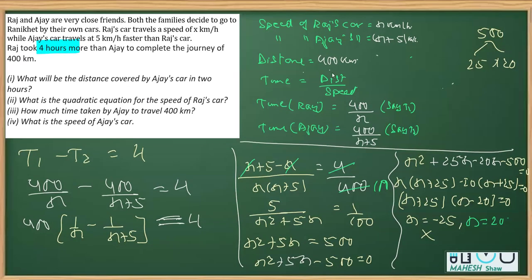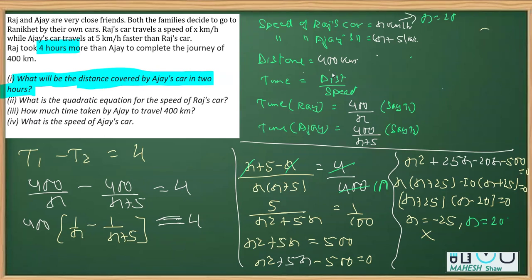In the first part, they are asking what will be the distance covered by Ajay's car in 2 hours. We have calculated x as 20, which is the speed. What they are asking here is the distance traveled. We know that distance is equal to speed into time.